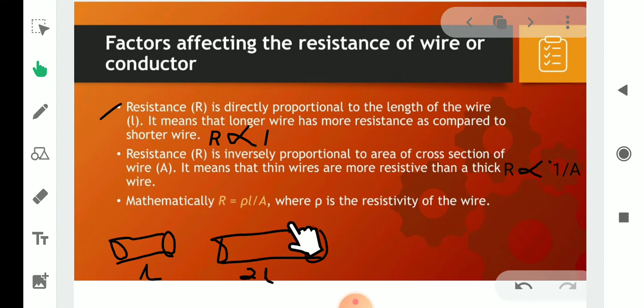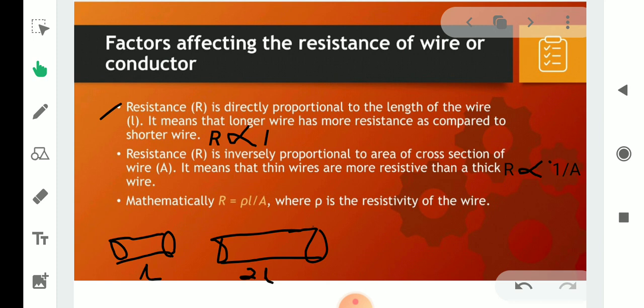So the collision is more here, so your resistance also will be more. That means resistance depends on the length of the wire. Both are made of copper, but the length is more. As the length of the wire increases, resistance also increases.